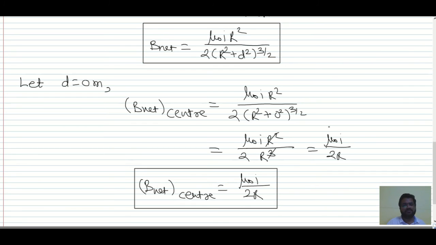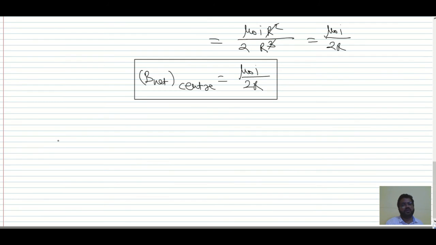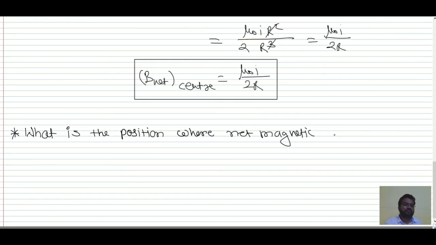It's very simple, right? And now if you want, what is the position where the net magnetic field is maximum? Now see, for that, I'll just write over here: what is the position where the net magnetic field is maximum?